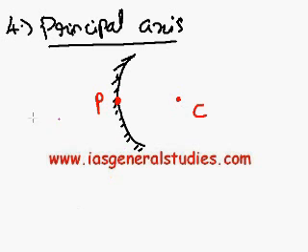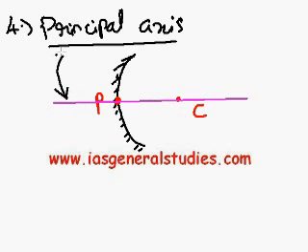I am going to join a line passing through the pole and the center of curvature, and this line is known as the principal axis. So the line passing through the pole and the center of curvature of the spherical mirror is known as the principal axis.